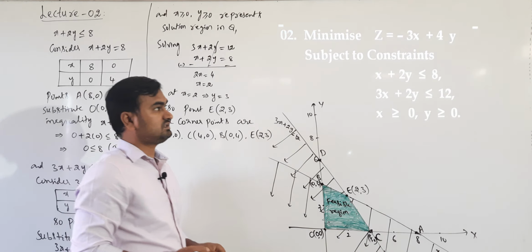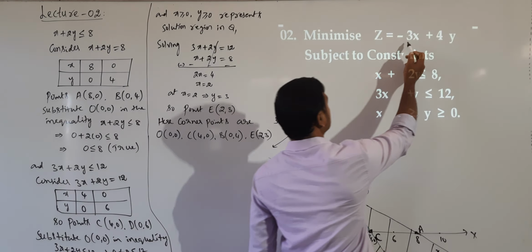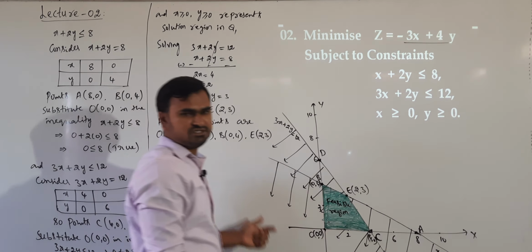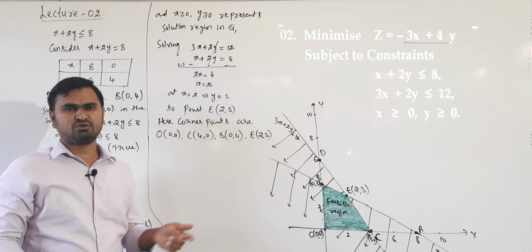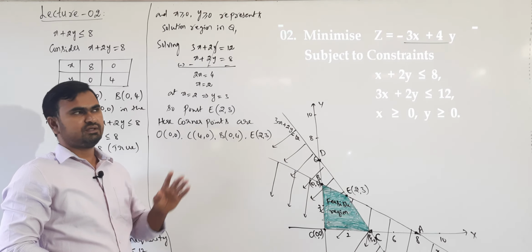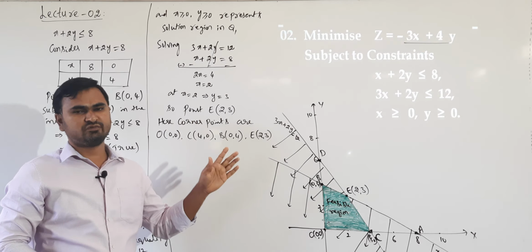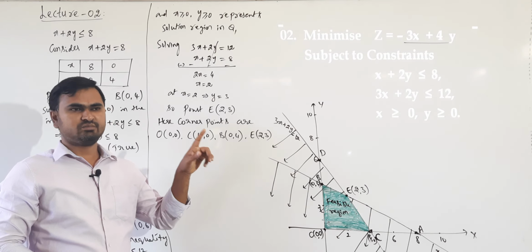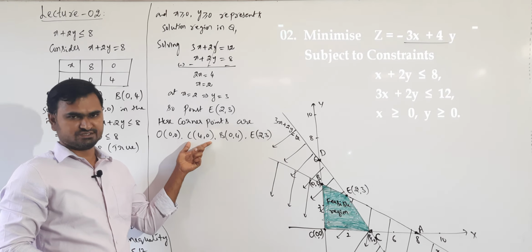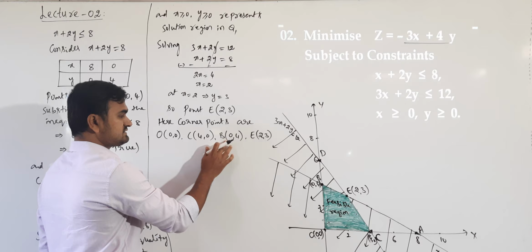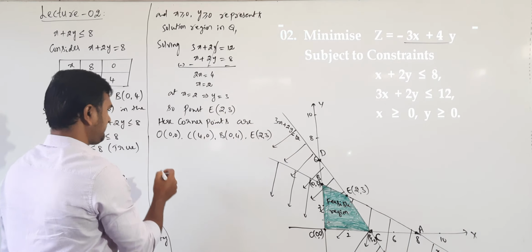We have to evaluate the value of the objective function at each of these corner points, because according to the corner point theorem, either the minimum value or the maximum value of the objective function must occur only at the corner points. So at each of the corner points, let us find the value of z.